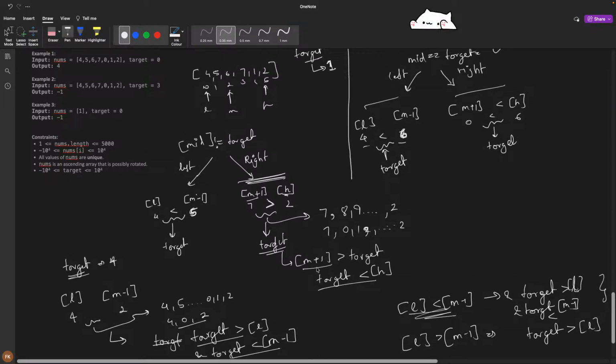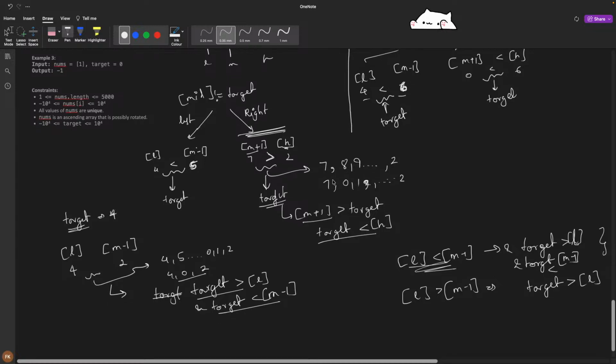It's the same binary search, right? They got the mid here, then 0. Target does not fall here. Okay, I did one thing wrong.